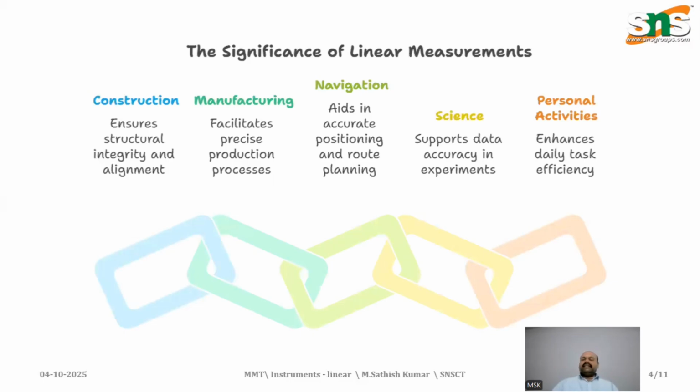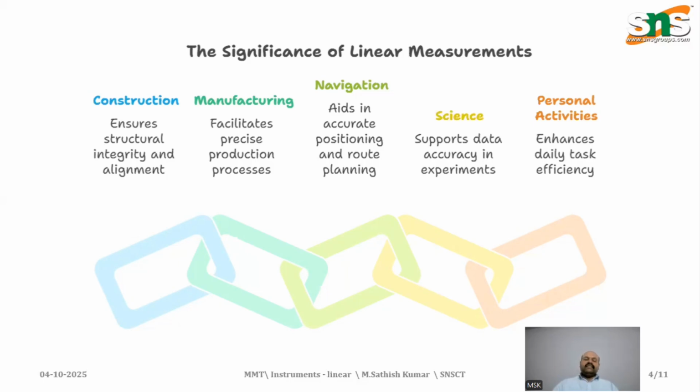Coming to the significance of linear measurements, we use linear instruments not only in manufacturing; several sectors utilize them. Let us take the example of construction: it ensures structural integrity and alignment. In manufacturing, it facilitates a precise production process, from design to packing.